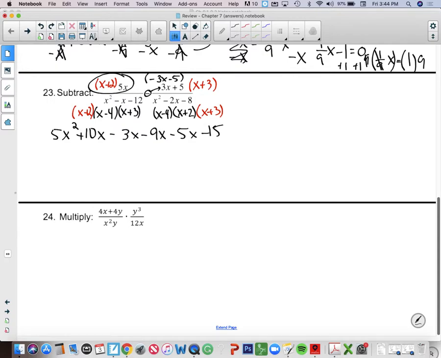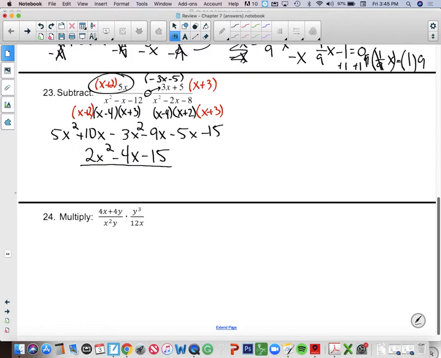Simplify that down, and that is our numerator. That's the top. Okay, I missed that 3x squared right there. So 5x squared minus 3x squared is 2x squared. And then we have a 10x minus 9x, that's 1x. Minus 5x is a minus 4x. And then we have minus 15 on the back end.